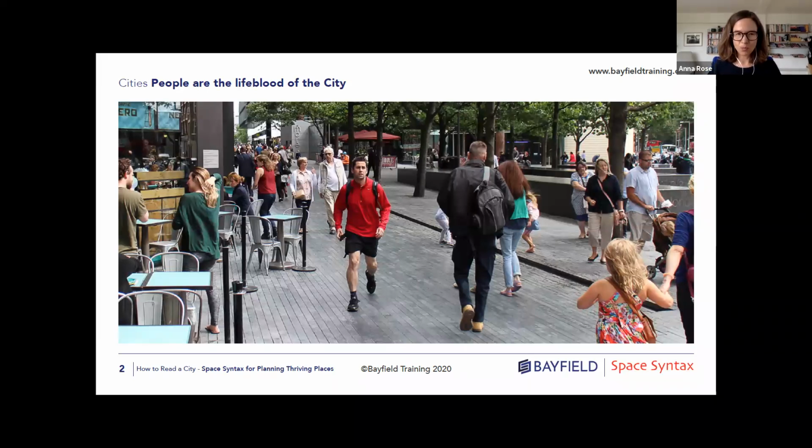So while at the moment there's a big question mark about how we can do this, it's very clear to me that the good design of public spaces will play a key role for us coming out of this coronavirus situation, because the design of good public realm will enable us to continue to come together. And we really need to understand what is the impact of cities on people's behavior in order to do this really well.